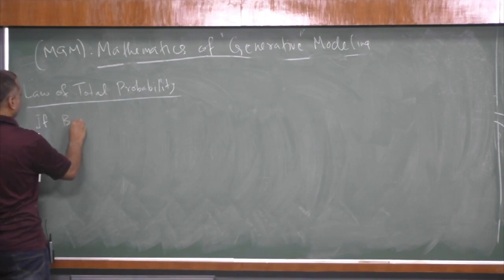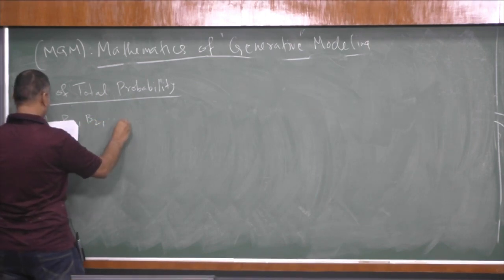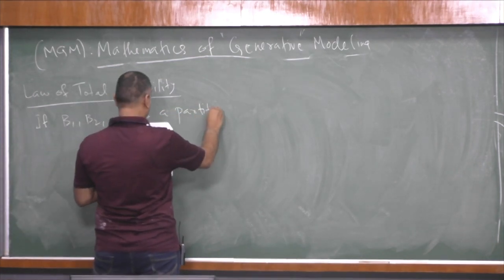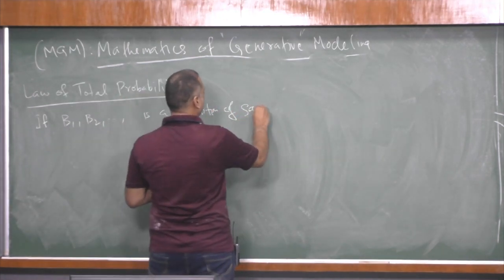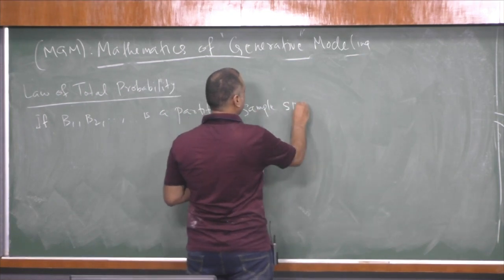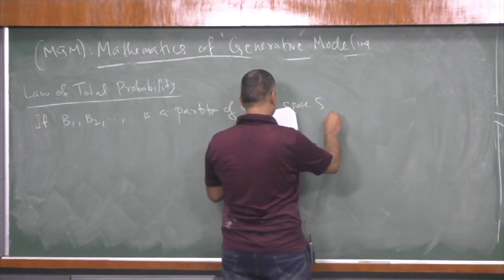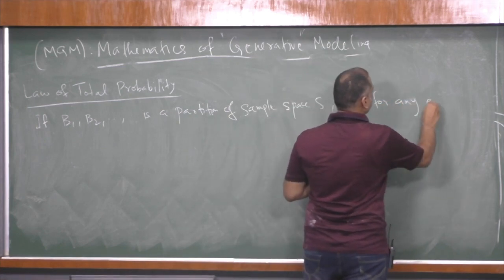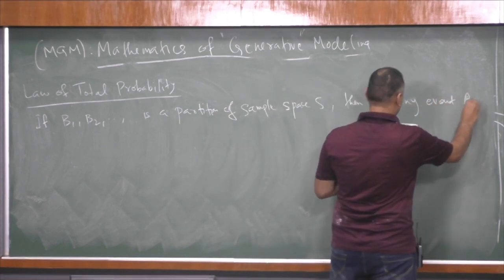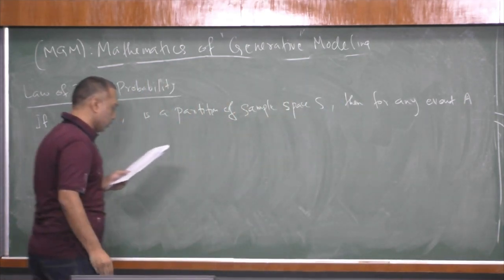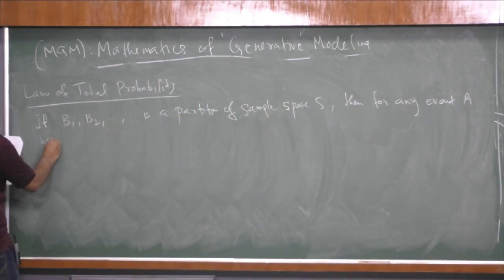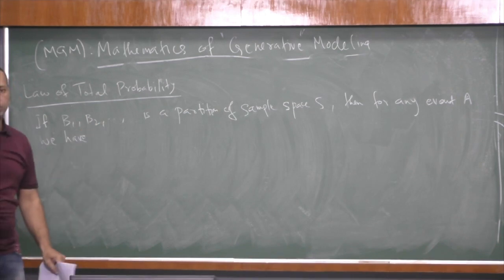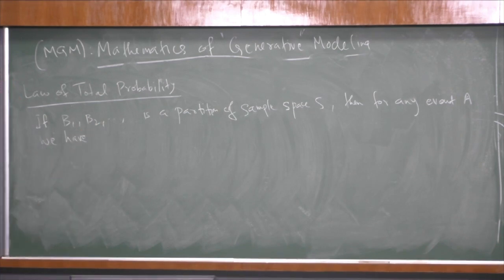So if B1, B2, ... is a partition of the sample space S, then for any event A we have, and this partition is important, so it's also important to recall what a partition is.